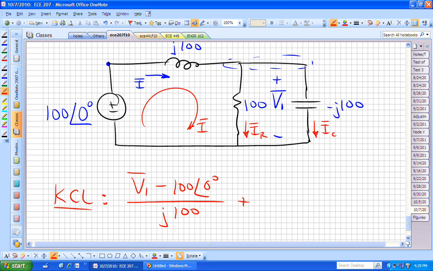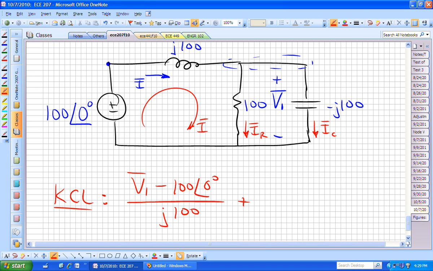Then I'm going to say where I'm at up high, V1 minus the 100, that's going to give me the voltage dropped across that impedance. And I now need to divide by that impedance, which is j100. If that doesn't make sense, replace all these inductors and capacitors with resistors and just see if you can make it make sense with resistors, and then say, now my L's and C's are generalized resistors. Let me put them in. Now they're complex numbers. Question?